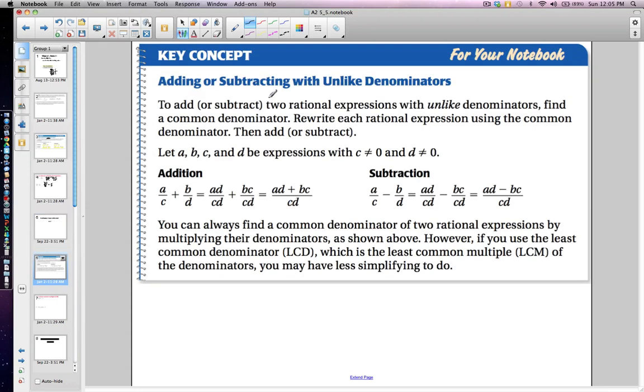So when I'm adding or subtracting with unlike denominators, the first thing I need to do is create common denominators. Normally that's done by taking a look at the different factors that make up the denominators, and then I create a new denominator that is going to have all of the individual factors of the other denominators, eliminating repetition.